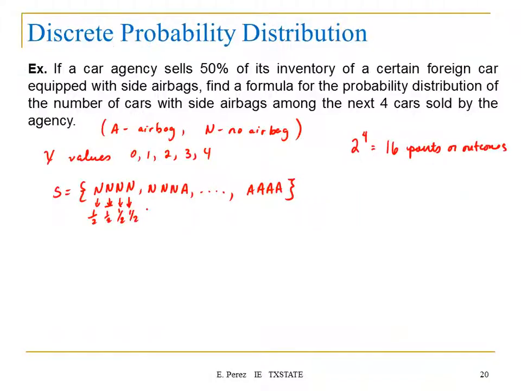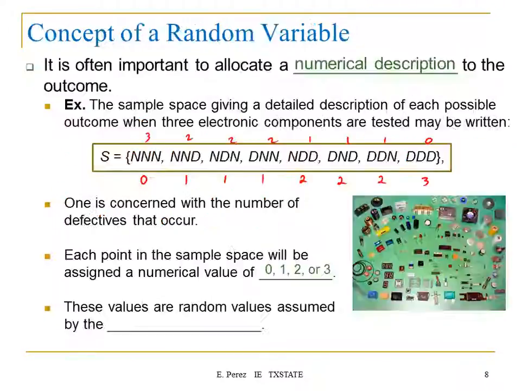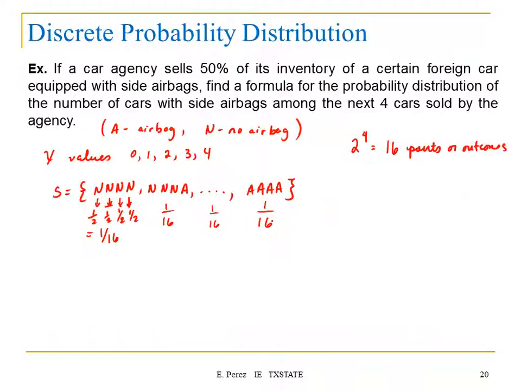Each outcome will have the same probability of being selected because each outcome is random. All of them will have the probability of 1/2 times 1/2 times 1/2 times 1/2, which is 1/16. That is the same as dividing one outcome by the total number of outcomes, which is 16.